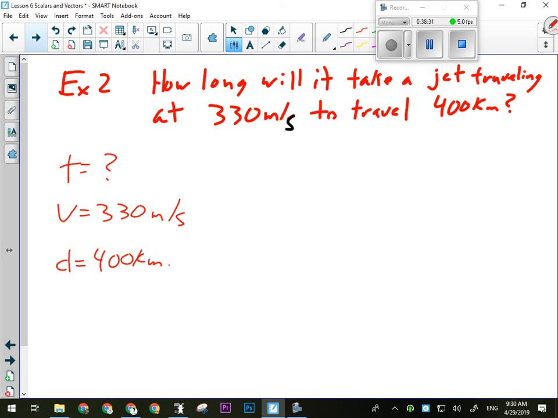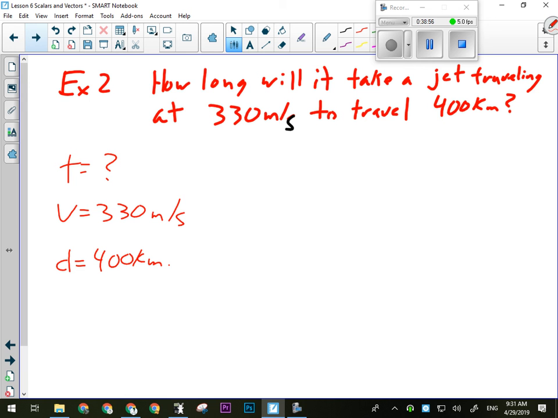Right. My units for distance have to match. Distance is part of speed, and in this question I'm given the speed in meters per second. If I want to calculate the time, then I have to have the distance units match the speed units. So how many meters in 400 kilometers? 400,000.